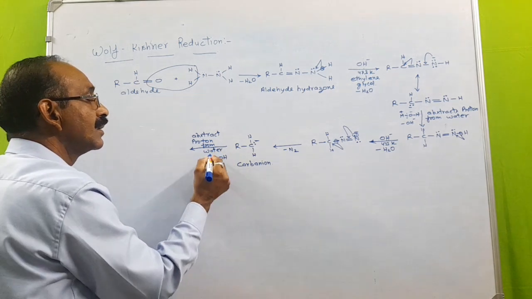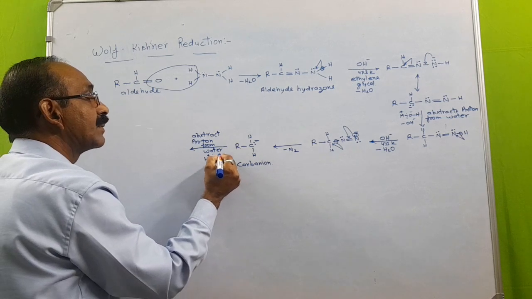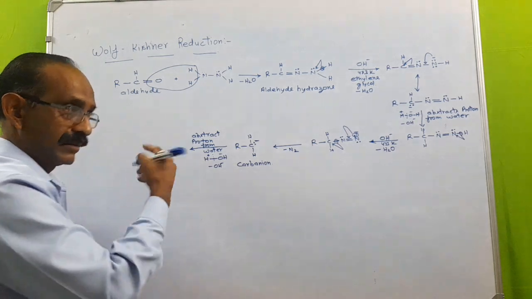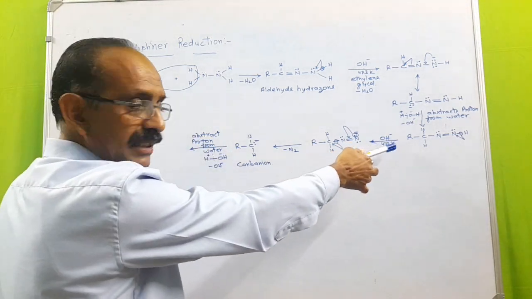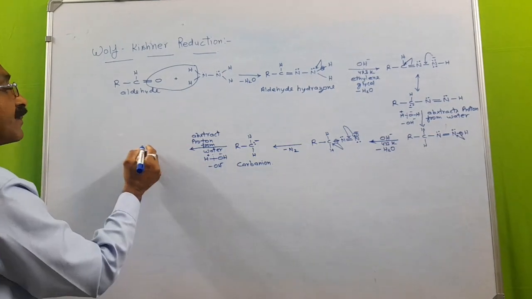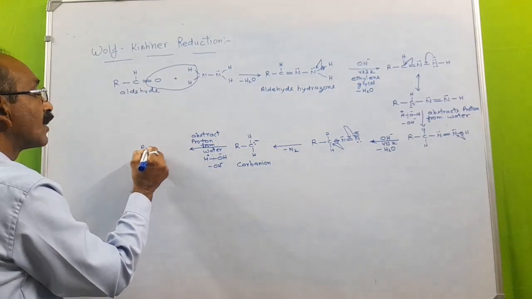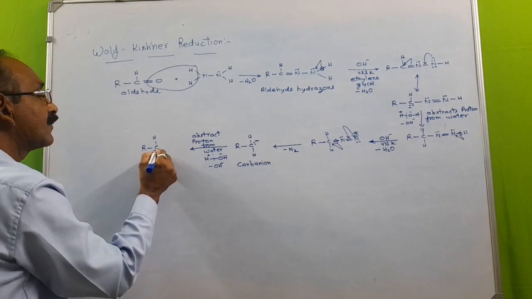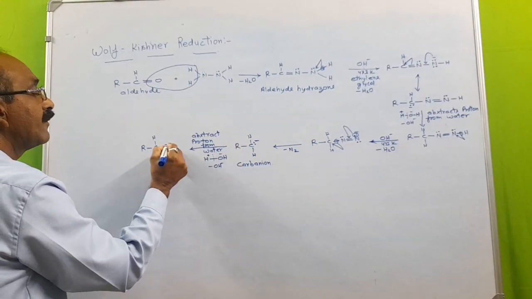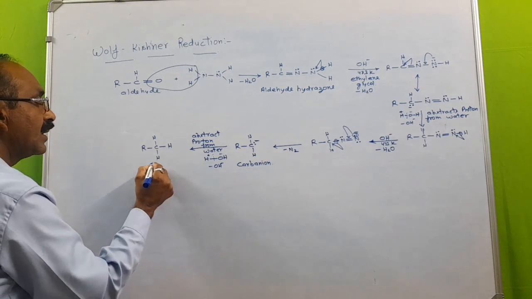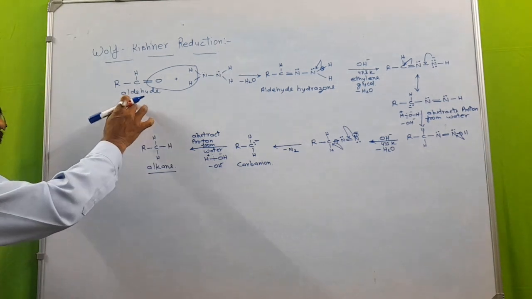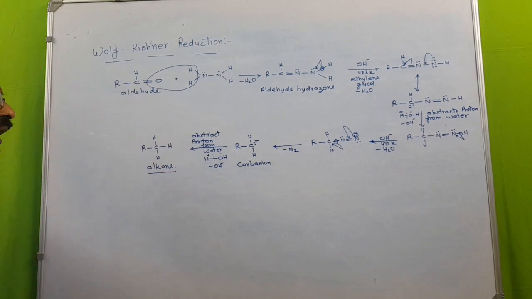See, this is water. The H plus will be removed by this carbanion, and the OH minus ion gets free. See, one OH minus was taken here, and that will be freed in the last step. Then the proton which was abstracted from the water will form a bond with the electronegative carbon, and in this way I will get a hydrocarbon. As I am taking an aliphatic aldehyde, I will get an alkane.